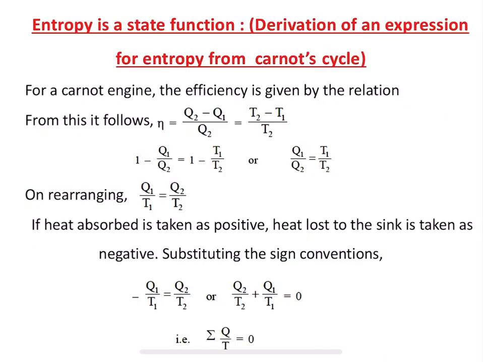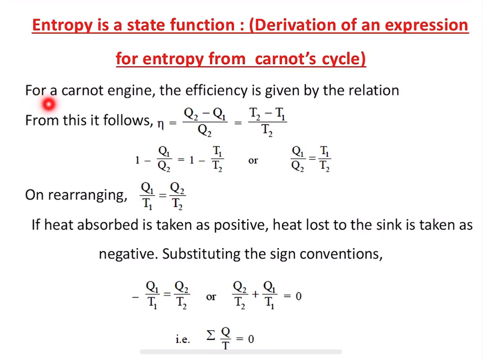Next, moving on to the derivation of an expression for entropy from the Carnot cycle. Here we are going to prove that entropy is a state function, that is, state variables which are independent are called state functions.